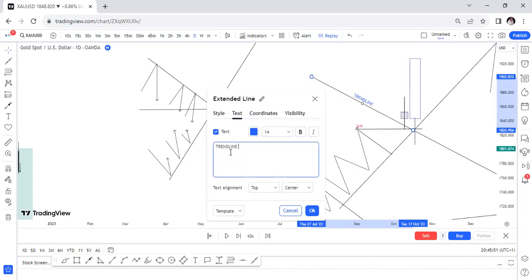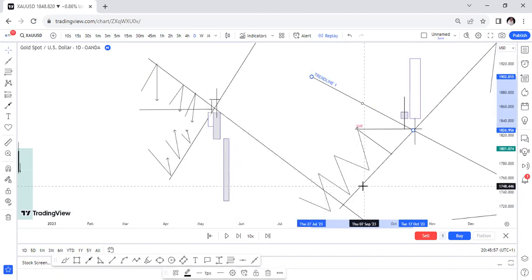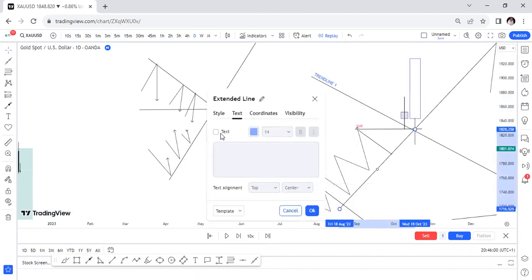Trend line 1. There is trend line 2. Second point.